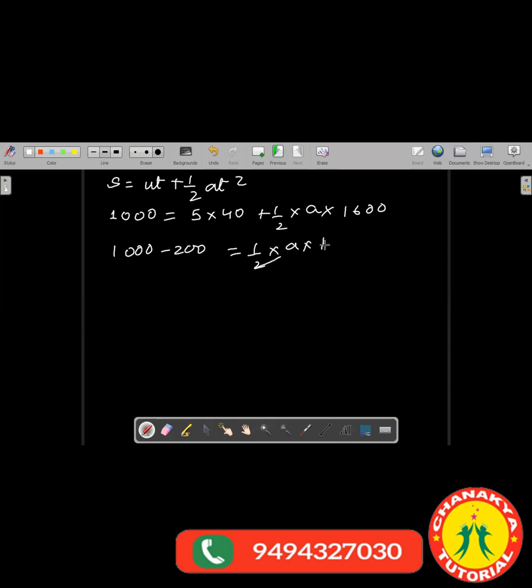If you cancel it, this will be just 800. So you have 800 equal to a multiply 800. So what value of acceleration should be there? 1 meter per second square. It has to have a minimum acceleration of 1 meter per second square.